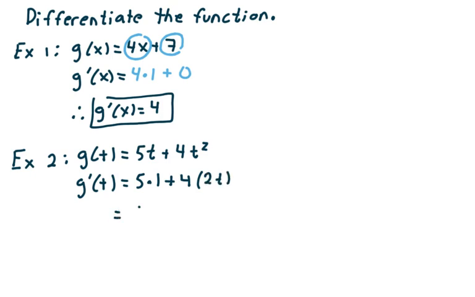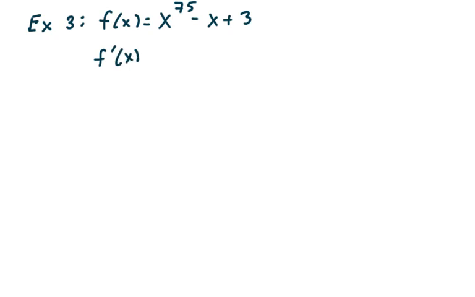So the correct answer here should be 5 plus 8t. Let's take a look at example 3. Suppose I'm given f of x equals x to the 75 minus x plus 3, and I want the derivative.